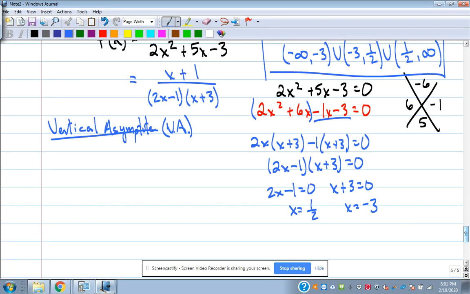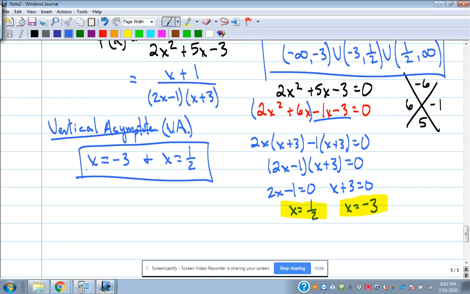I've already done that over here. So my vertical asymptotes, since none of that canceled out, are the exact same equations. X equals -3 and x equals 1/2. Those are my vertical asymptotes.